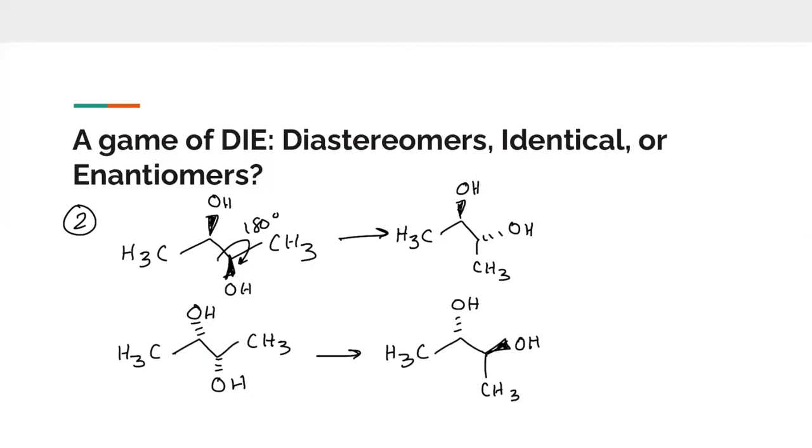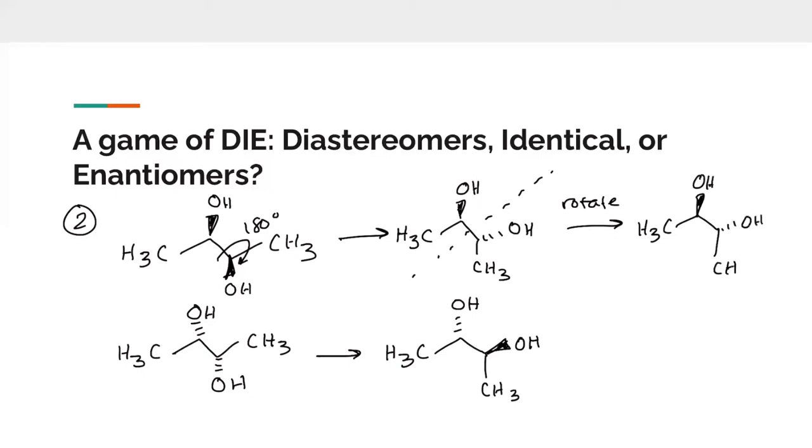And so now if you compare these molecules, you can hopefully see that they are mirror images of each other. Unlike last time when we rotated and saw that they became the same molecule, this time when we rotate, we will still get this molecule.